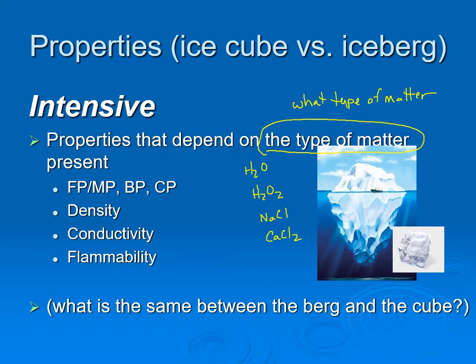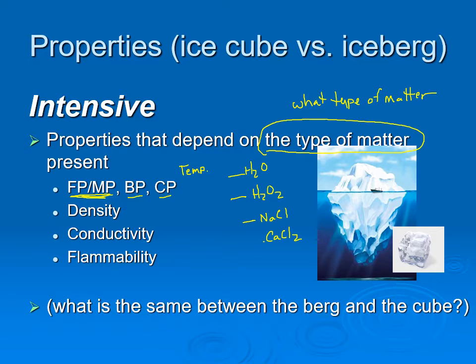So, which is it? And these properties, depending on what you have, are things like FP, which is freezing point, MP, melting point, the temperature at which something freezes or melts. Boiling point, condensation point, these are all temperatures. Water will melt, freeze, boil, or condense at a particular temperature, and hydrogen peroxide is a different temperature.